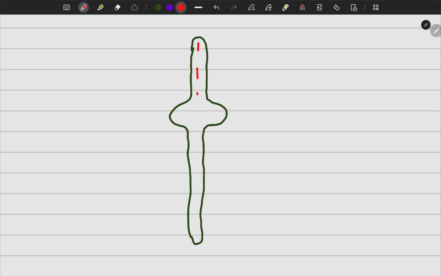This is the embryonal axis. And since it is a dicot seed, it has two cotyledons.